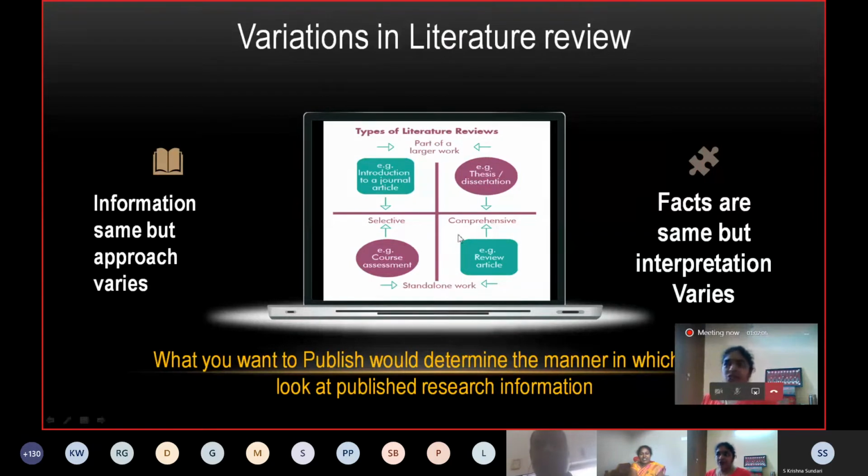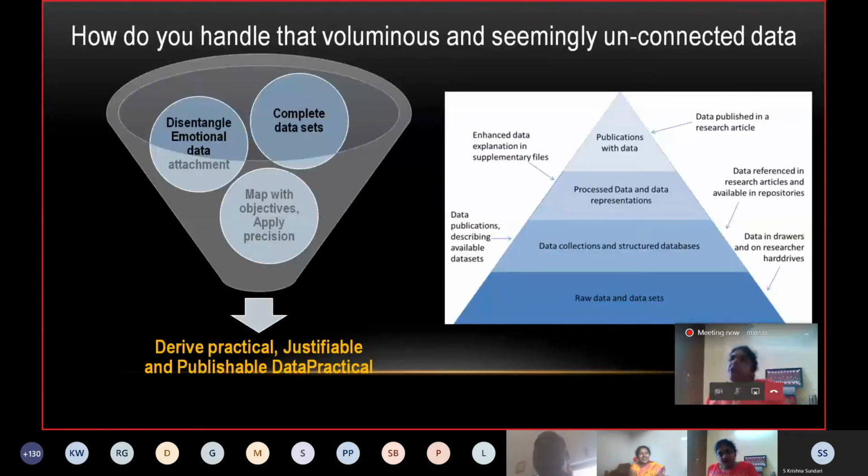So that is what I have given over here. You have to be comprehensive, you have to decide whether it is a standalone work, you have to be selective about what kind of work you are using for the literature review, and then you continue with your literature review. This is all the variance in the review.